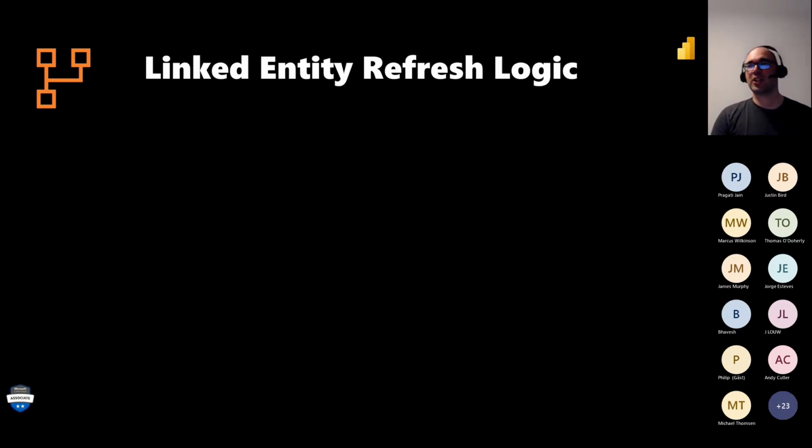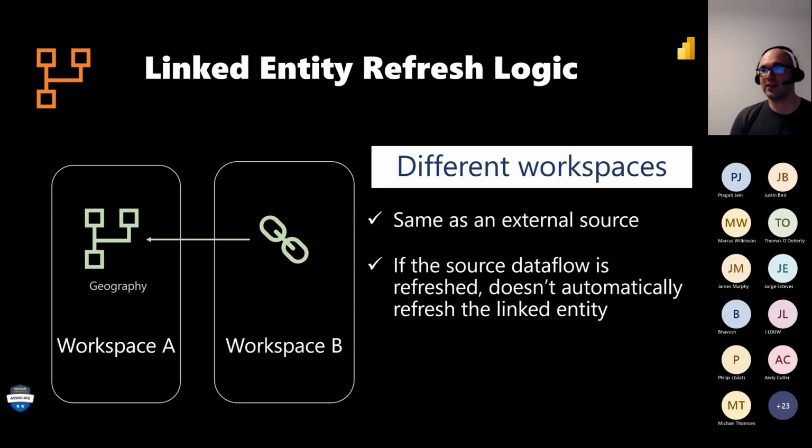What is the refresh logic of linked entities? It depends on whether the source dataflow is in the same Power BI workspace as the destination dataflow. First, for links between workspaces, refresh for links from entities in different workspaces behaves like a link to an external data source.